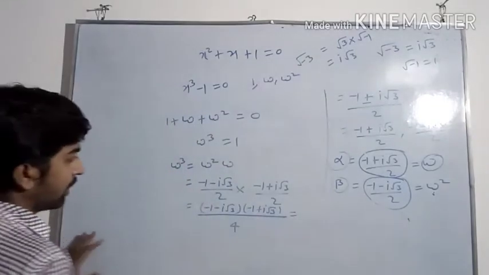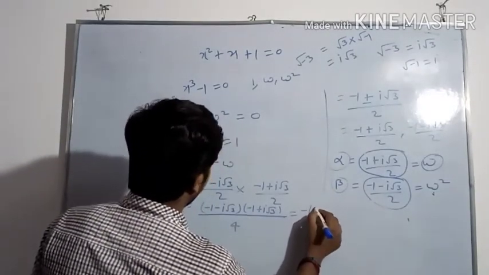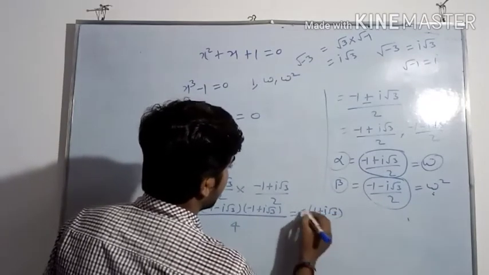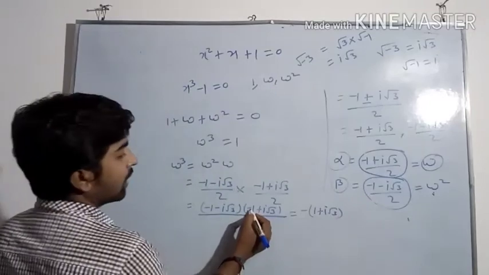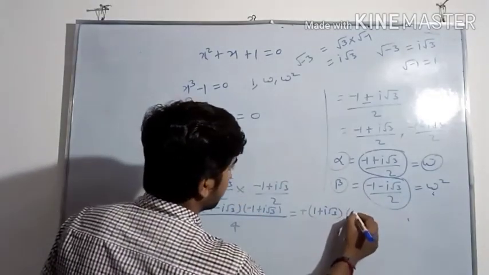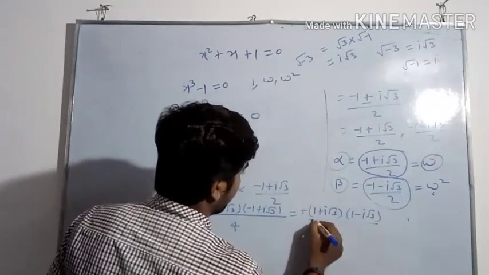Now we will take common minus. This will be 1 plus I under root 3, and from here also we take common minus, and this will be minus minus plus, and this will be 1 minus I under root 3 upon 4.